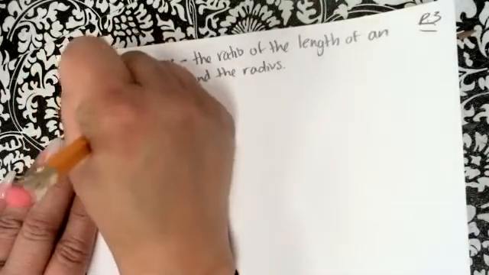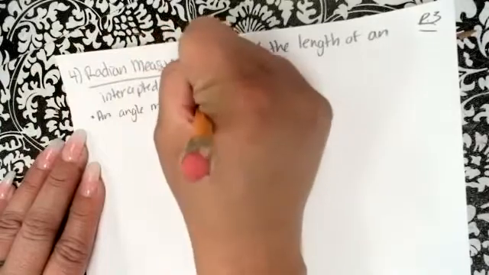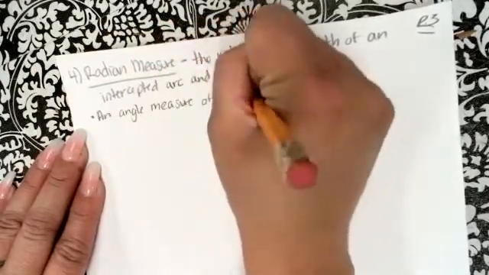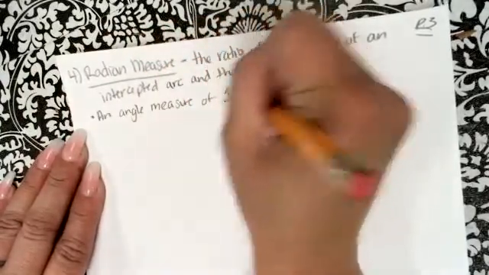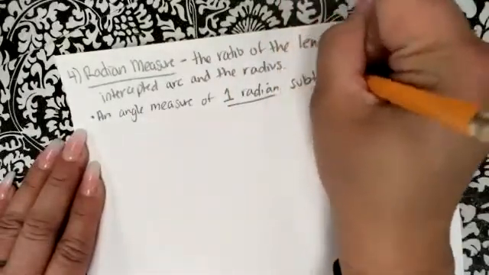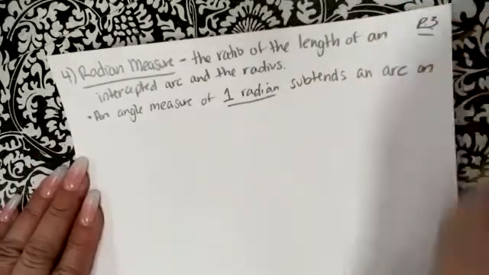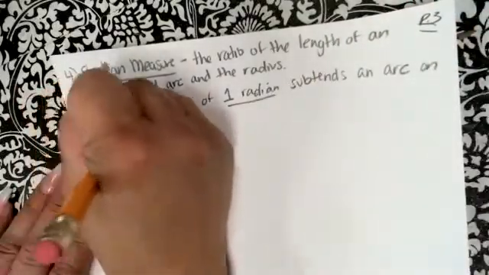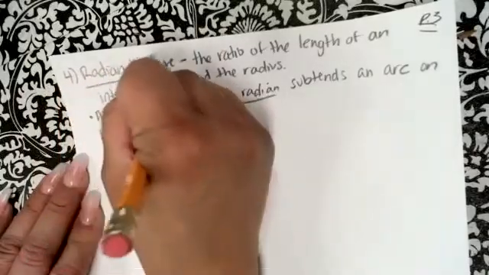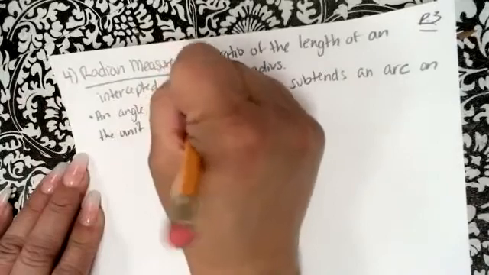An angle measure of 1 radian subtends an arc on the unit circle with length 1.